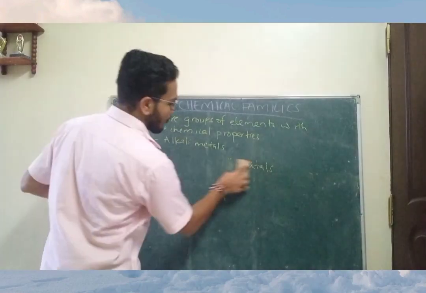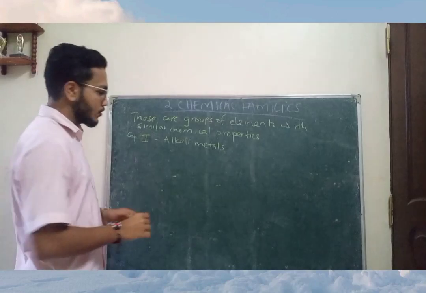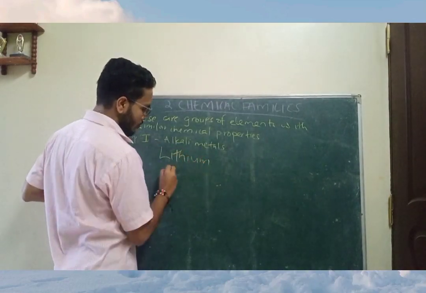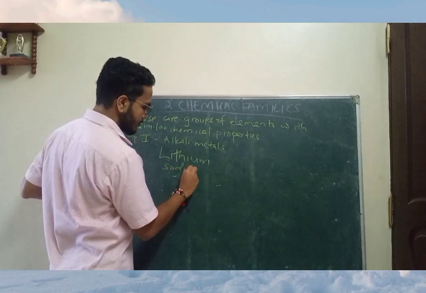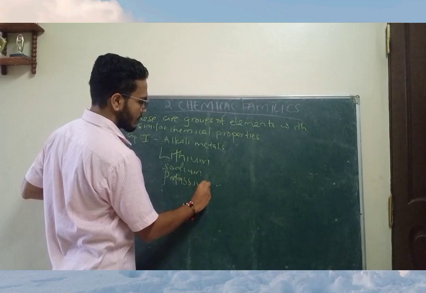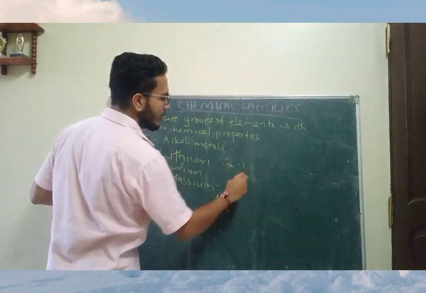Alkali metals is group 1, and we have three metals in group 1 as alkali metals, which are lithium, sodium and potassium. What is the electron arrangement of lithium? 2 1, it is number 3.